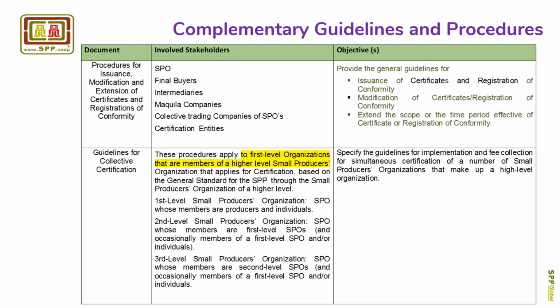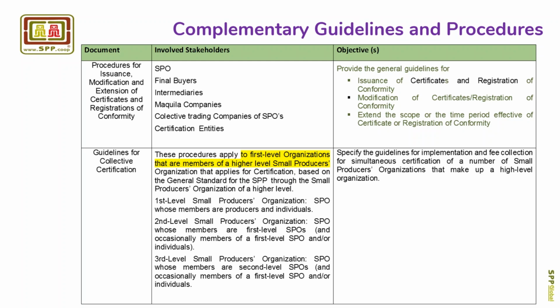And a third level small producer organization is an organization whose members are second level and occasionally first level SPOs.